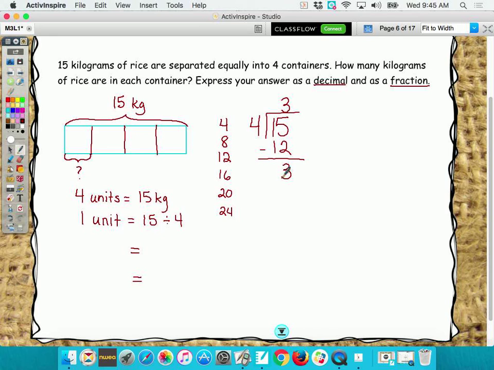So, how many whole kilograms do I have? 3. Because that's my quotient, correct? Okay, so don't write this, but what's my remainder? 3. Okay, so if I take my remainder and put it on top of my divisor, that's a fraction. Okay, now what does this mean? 3 divided by 4.